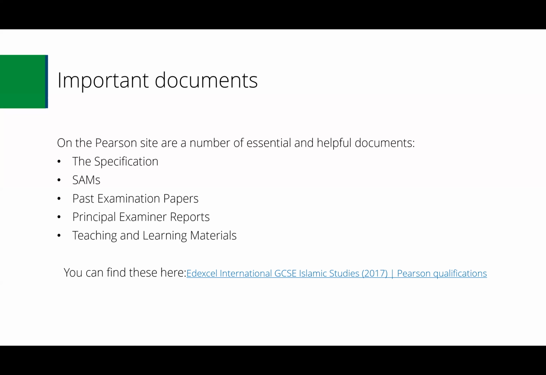What you need to understand is that there's no textbook for this specification, but there is a really useful resource which has been tailored to help you teach within the classroom. The learning materials are specially focused towards delivering this qualification. Again, these are all through the website.